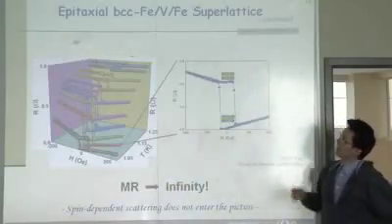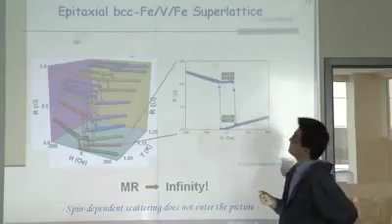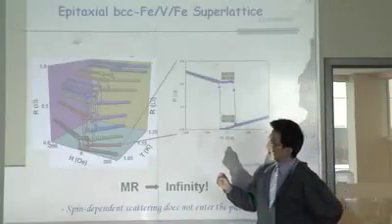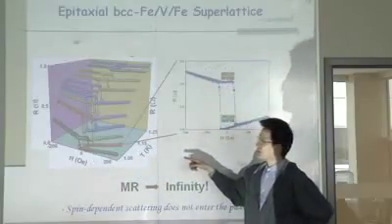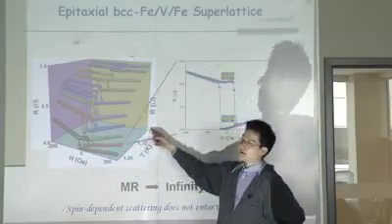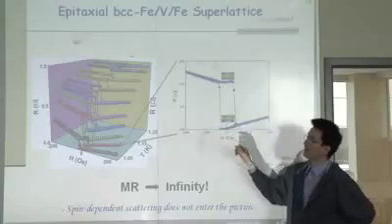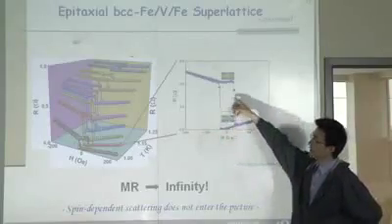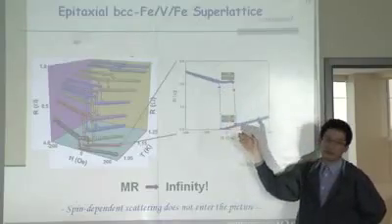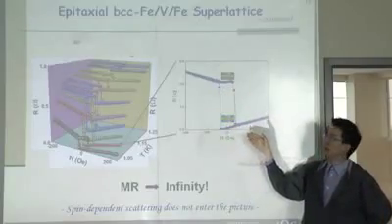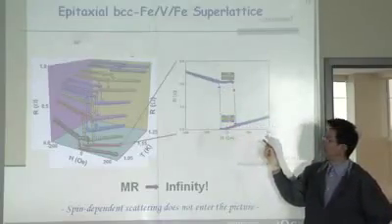Okay, now let's take a look at this magnetoresistance measurement. What you are looking at is a plot of the resistance as a function of field as well as temperature. Let's cut one slice out of it and put it here. You see there are two very well-defined resistance states. It means we have a large magnetoresistance here.